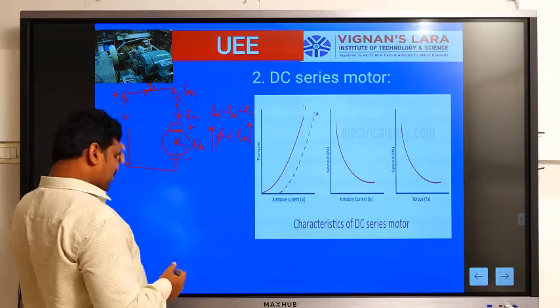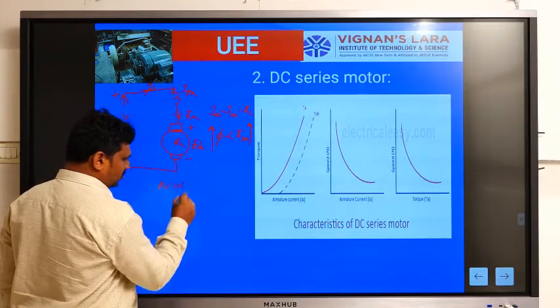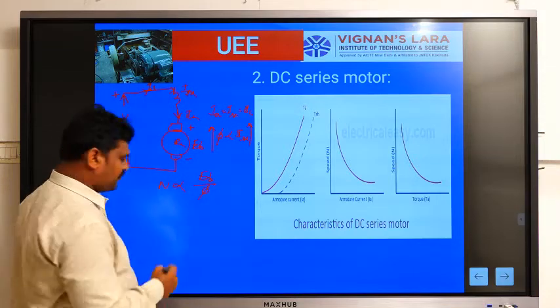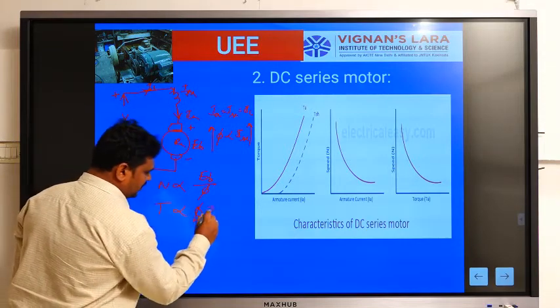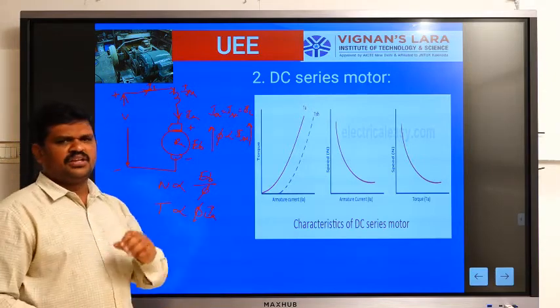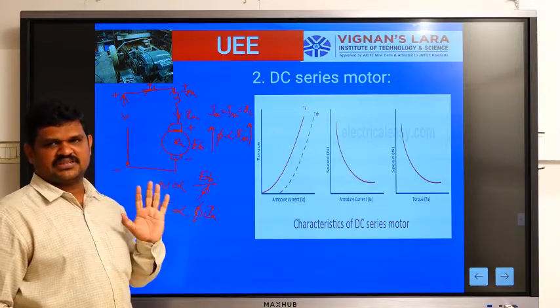So we apply the same formulas only. We already know that N is proportional to EB by phi, that is the first formula. The torque is proportional to flux into armature current. By using these two formulas only, we explain the characteristics of DC machines.